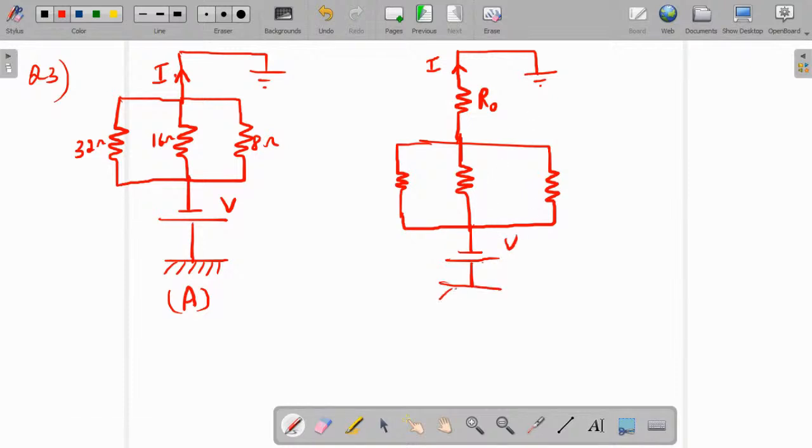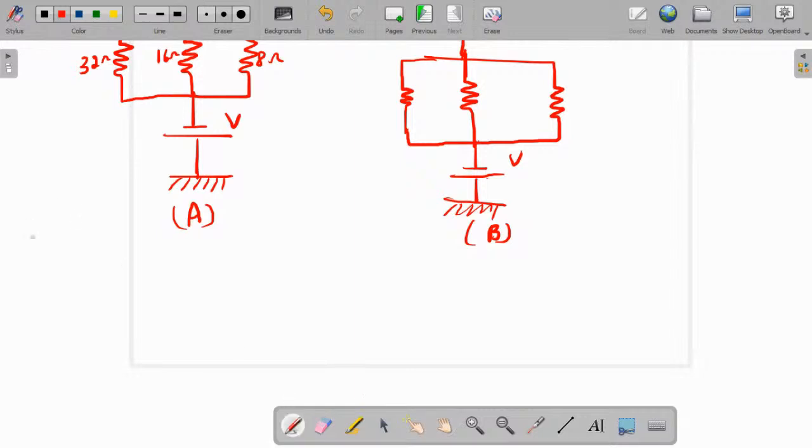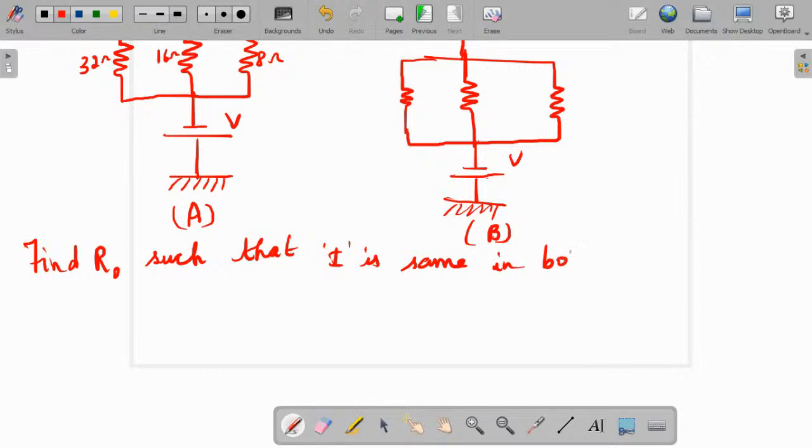Okay, so this is network B. So the question is: find R naught in network B, such that the current I is the same in both networks. Okay, this is your question.